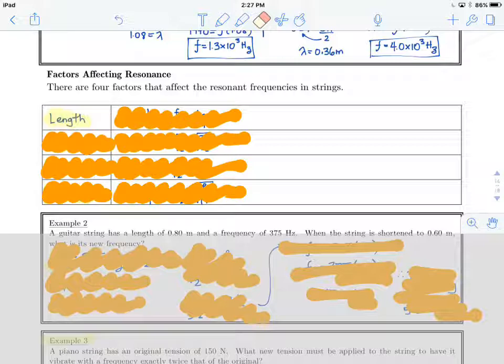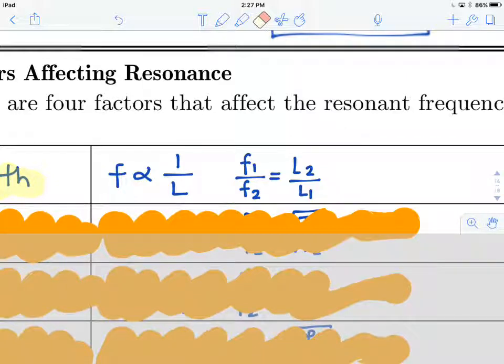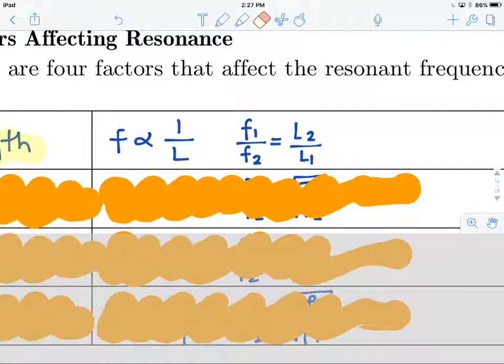If you're a guitar player, you know that when you press down on a fret, you change the frequency of the string, or you change the note, but you're also effectively changing the length of the string. So here, we know that frequency is proportional to 1 over the length. It's inversely proportional. If you shorten the length of the string, you increase the frequency.